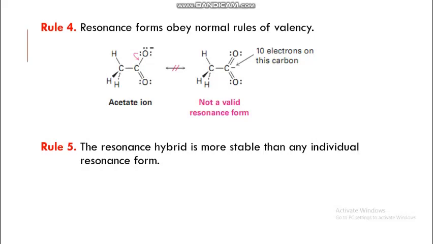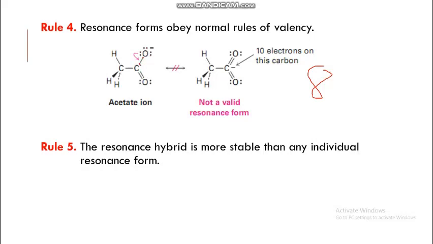So, the octet rule still applies to second row main group atoms. So, meron pa rin dapat na 8 valence electrons. Okay? Like this one. 1, 2, sa oxygen, 1, 2, 3, 4, 5, 6, 7, and 8.